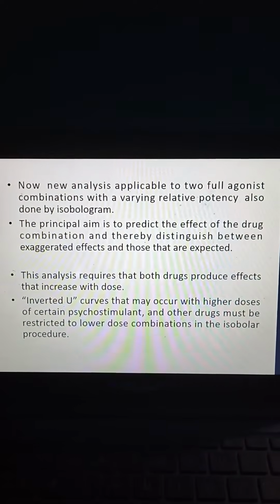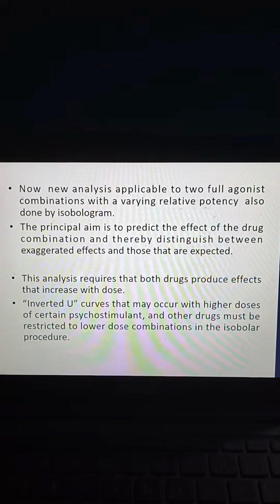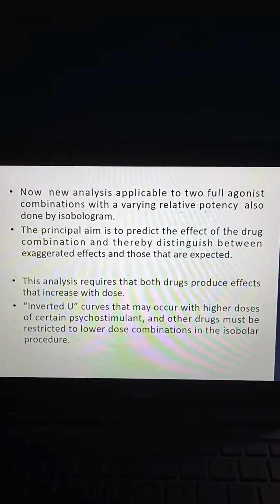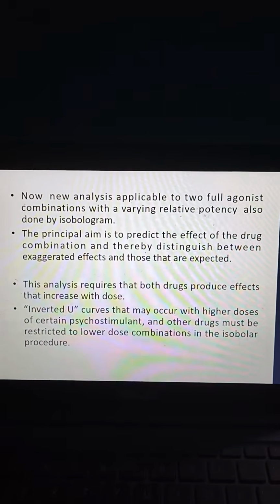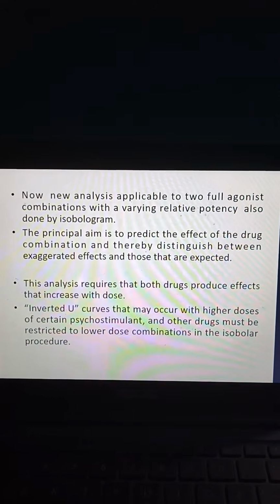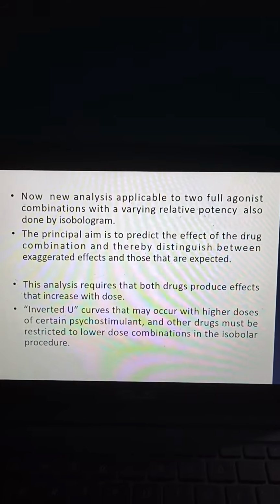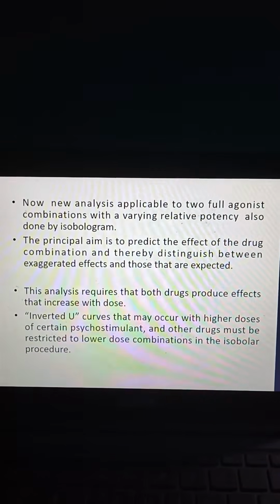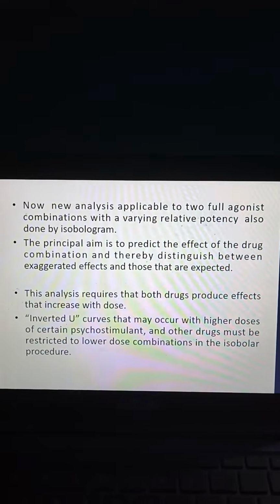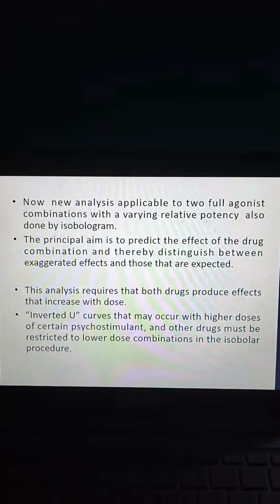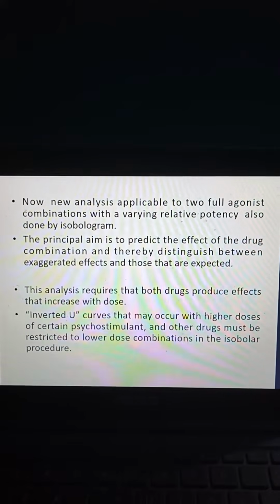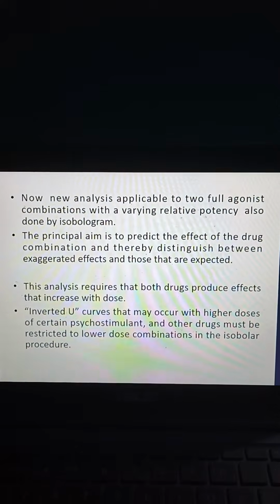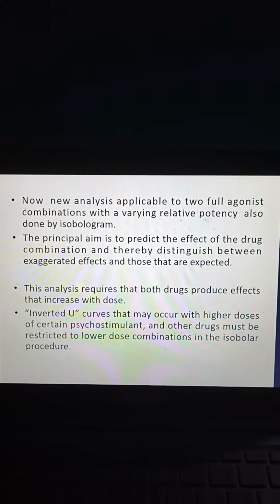Now, a new analysis applicable to two full agonist combinations with a varying relative potency is also done by isobologram. The principal aim is to predict the effect of the drug combination and thereby distinguish between exaggerated effects and those that are expected. This analysis requires that both drugs produce effects that increase with dose, and inverted U curves that may occur with higher doses of certain psychostimulant and other drugs must be restricted to lower dose combinations in the isobolar procedure.